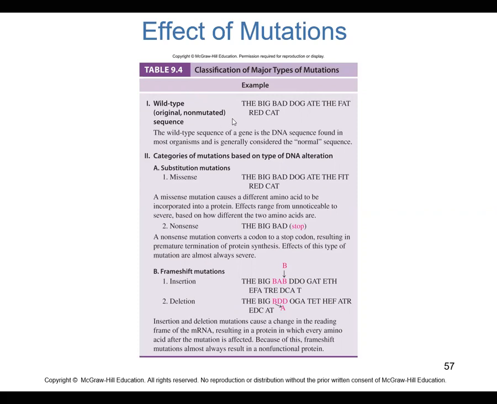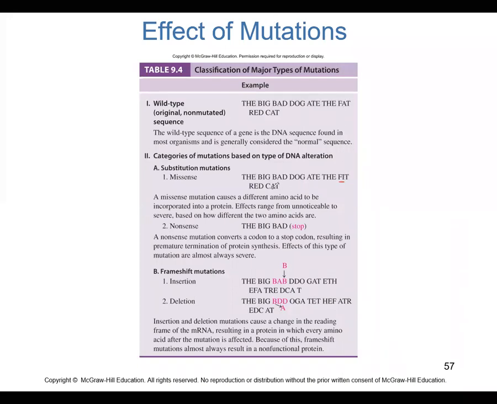So in the wild type, the original, what we expect if we were to read it, they're giving you in these 3 bases, so those 3 codons: The big bad dog ate the fat red cat. So in a substitution, if we have a missense where it's just changing one, it changes what the amino acid is. They're showing you right here, it changed that one base, that I, from fat to fit.